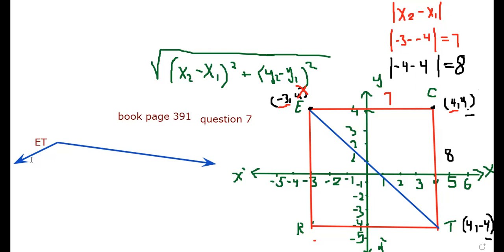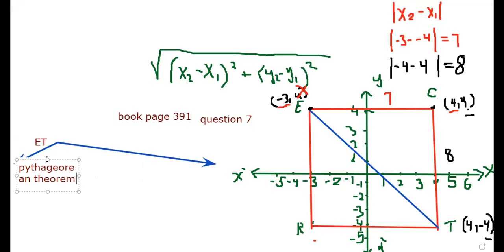Not the distance formula. We said we will count now 7 and 8, and then we will use the Pythagorean theorem. This is the first method which we can use to find the answer.